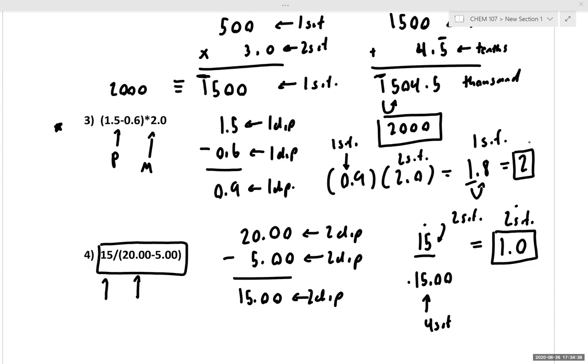And then in terms of rounding, you indicate your last reported significant figure. You look 1 space to the right, and then you check to see whether your number is less than 5 or greater than or equal to 5. If the number after your last reported significant digit is greater than or equal to 5, you round up. If it's less than 5, you round down. Did that address your questions?